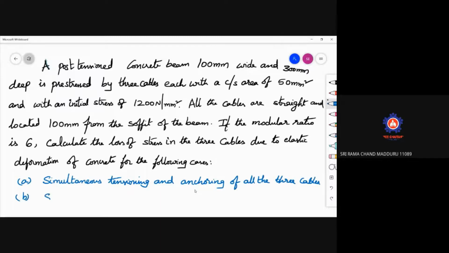Second one, successive tensioning of the 3 cables, one at a time. So in the first case, all the wires are stretched at a time. But in the second case, one wire is stretched and anchored, another wire is stretched and anchored. So for this problem, we need to calculate the loss of stress due to elastic deformation.